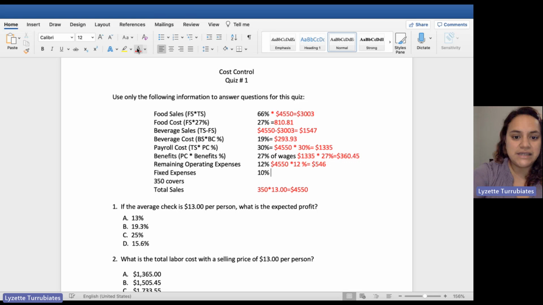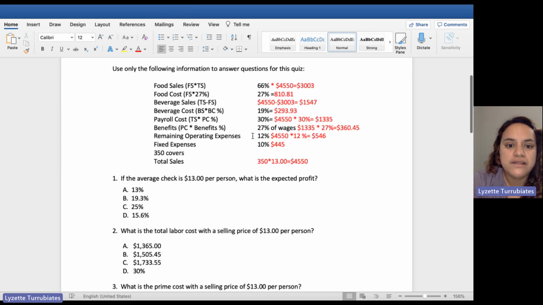And we're going to do the exact same thing, but multiply it by 10%. Okay, perfect. So now we've changed all of our percentages to a dollar amount, right?